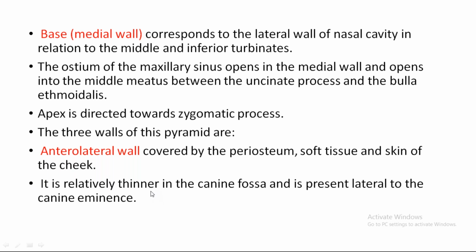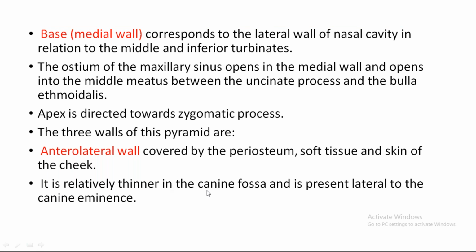So that is why in case of maxillary sinusitis or any pathology like malignancy or fungal sinusitis, you get swelling of the cheek, because the anterolateral wall is involved. And particularly in case of malignancy, sometimes this anterolateral wall is breached and the tumor comes right and lies in the subcutaneous tissue, and in some extreme cases can also involve the skin of the cheek.